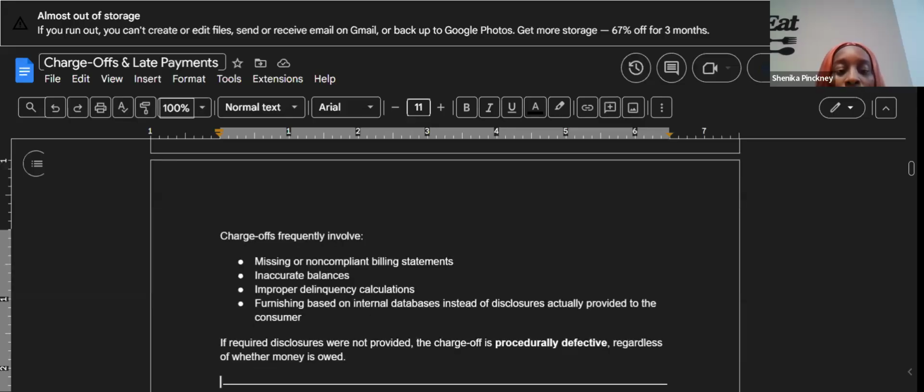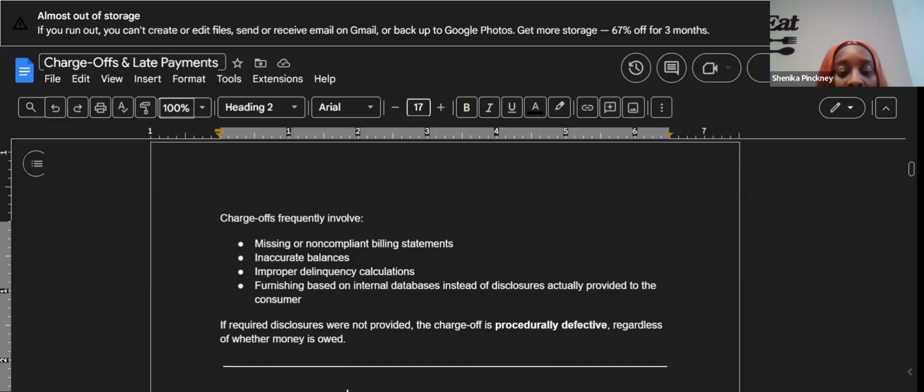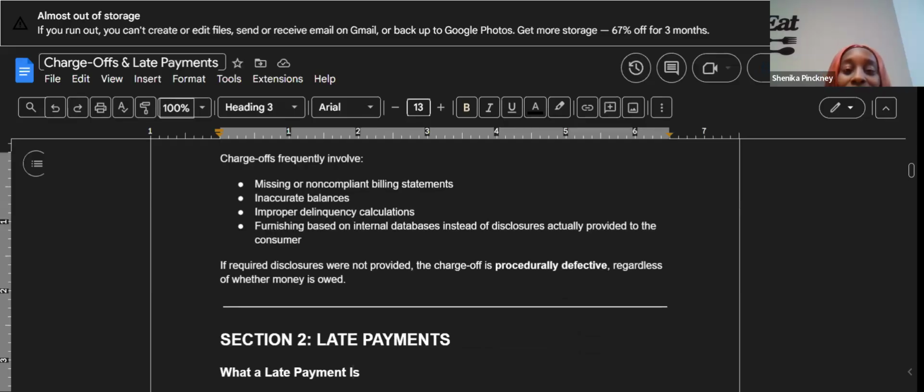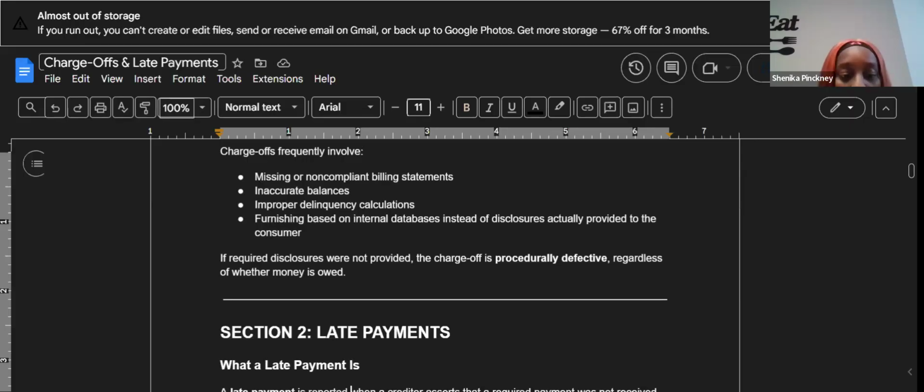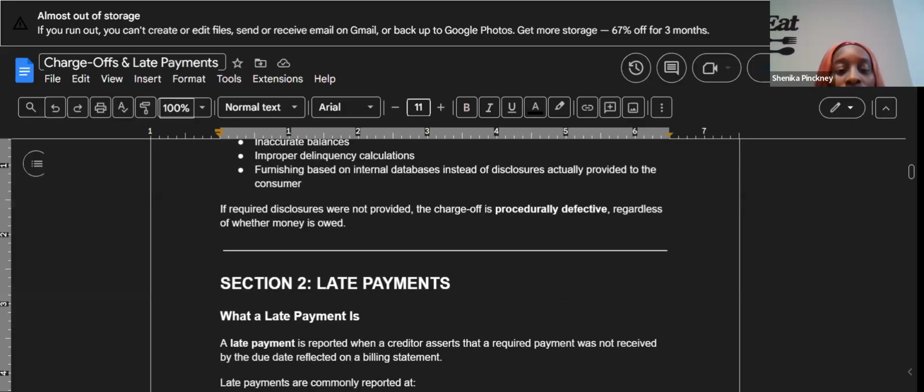Charge offs frequently involve missing or noncompliant billing statements, inaccurate balances, improper delinquency calculations, and furnishing based on internal databases instead of disclosures actually provided to the consumer. If required disclosures were not provided, the charge off is procedurally defective, regardless of whether money is owed.